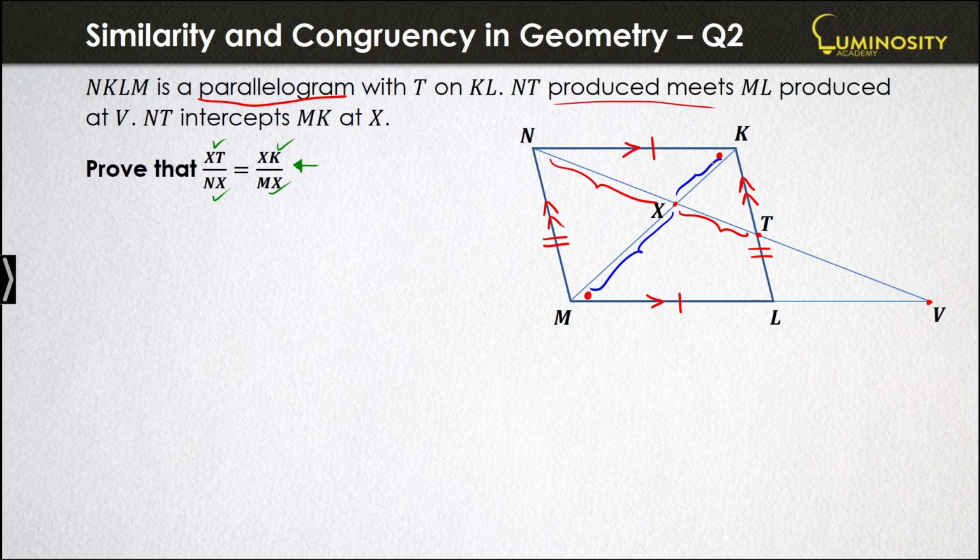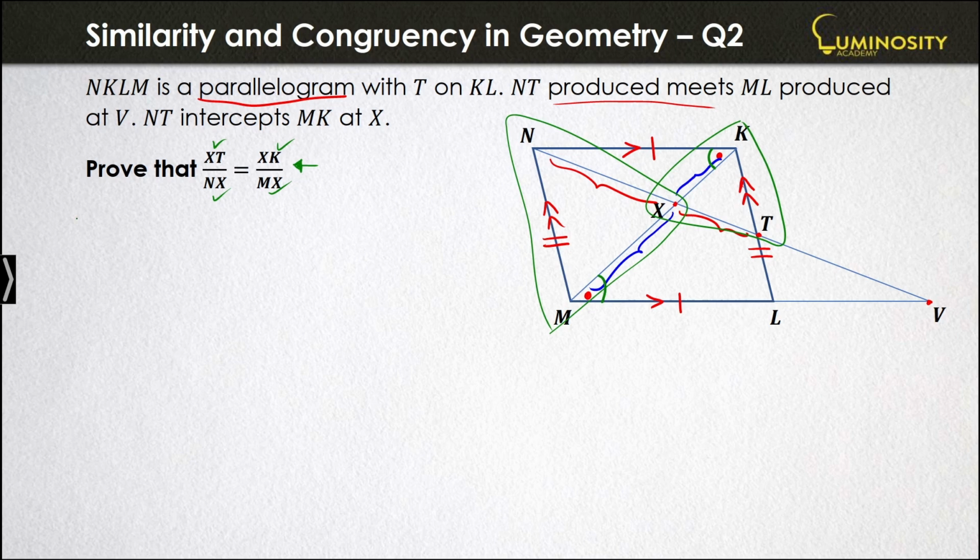So looking at this blue and red, I want to try and maybe keep them grouped in that way. So if I look at this triangle KXT, that's got a blue line and a red line, right? And then if I look at this triangle here, MXN, that's also got a blue line and a red line. So that's sort of a visual cue to tell me, okay, maybe I can use those two triangles. Because even more so, they've got angles that are equal there as well. So that could also potentially help us.